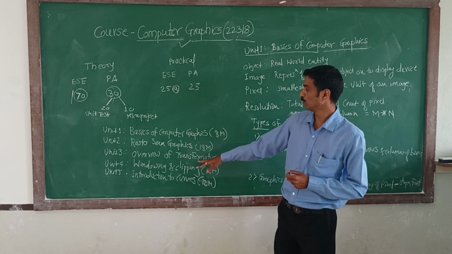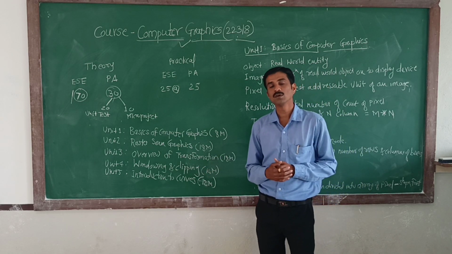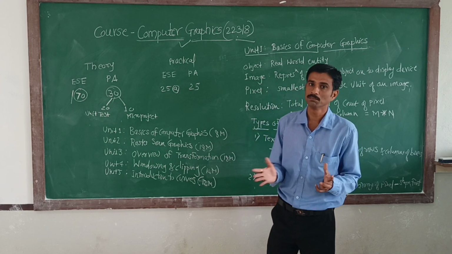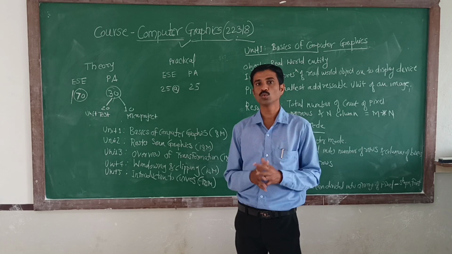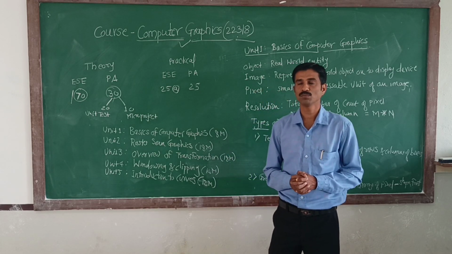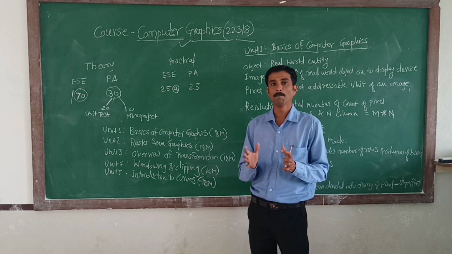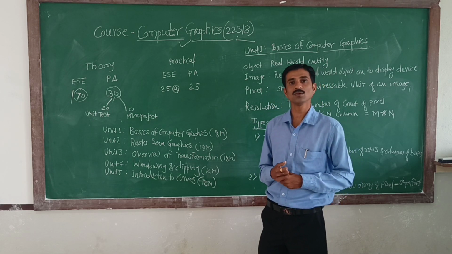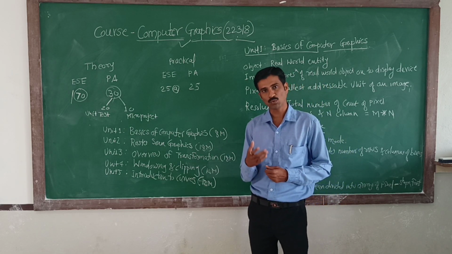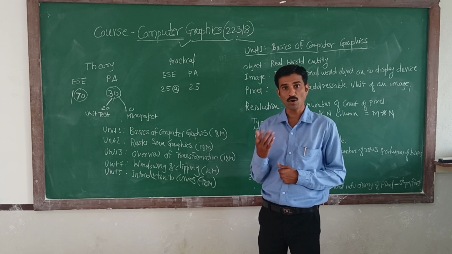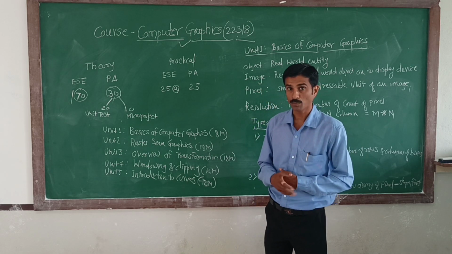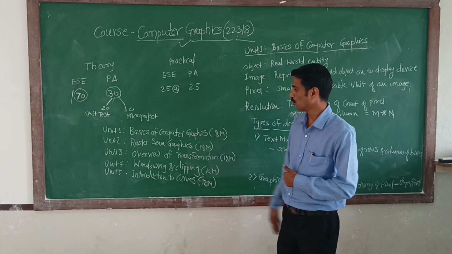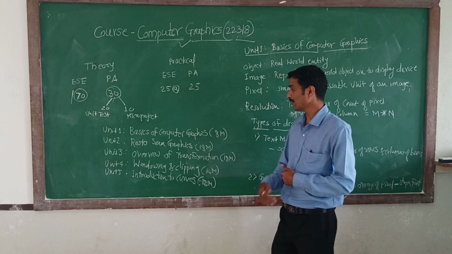So for unit 3 we must have the basic knowledge of how to multiply two matrices, the basics of matrix multiplication. And using matrix multiplication we are deriving the new coordinate points of the scaling, rotation or translation. Then unit 4 is windowing and clipping.